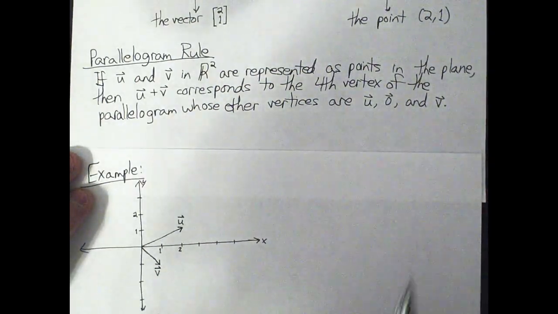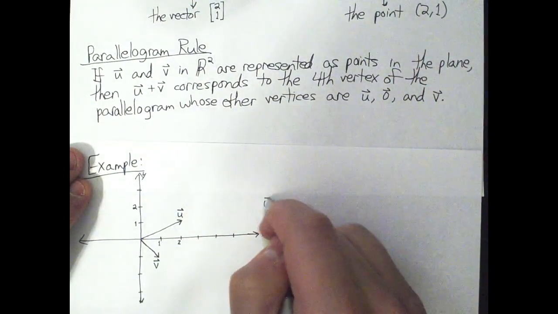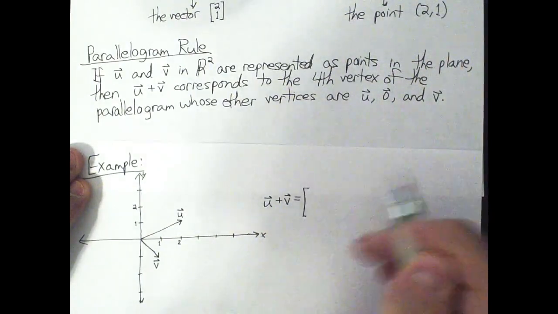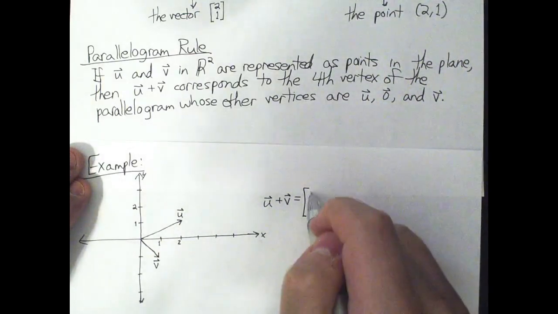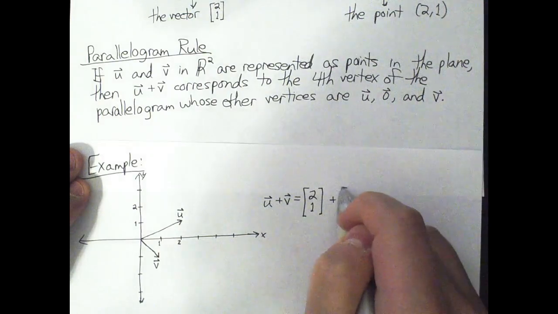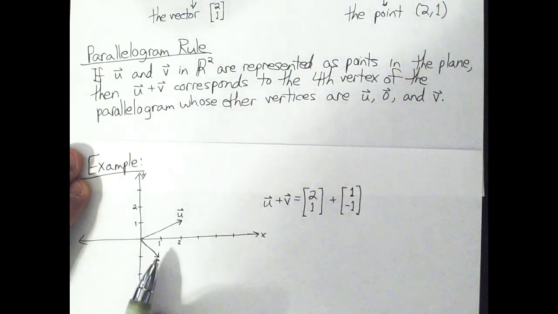So first of all, I'm going to do this off to the side as vectors. I'm going to say u plus v equals, I would say that the vector u appears to be the vector 2, 1. And the vector v appears to be the vector 1, -1, because that's where it appears in the Cartesian plane.